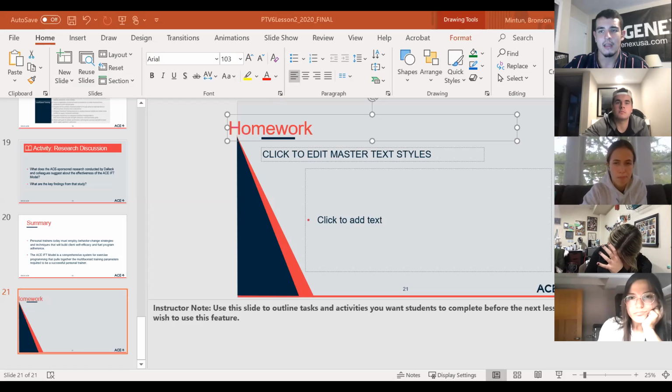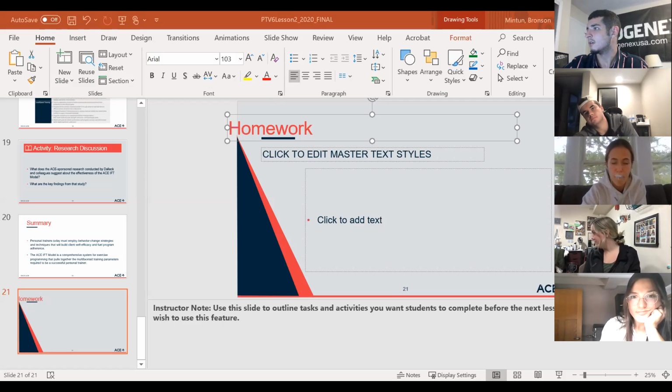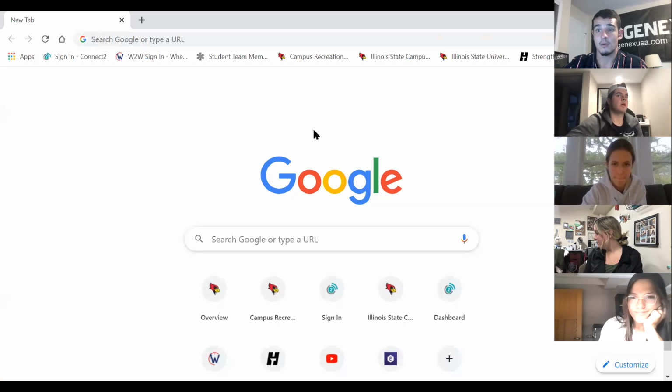Can you guys all see my web browser right now, Google Chrome? No, you can't. Okay, let's do this. Oops, that's not what I want. This one, maybe? There we go. Can you see my web browser now?